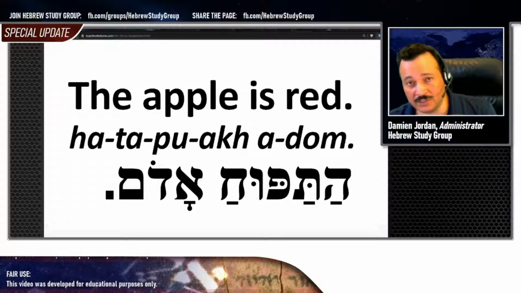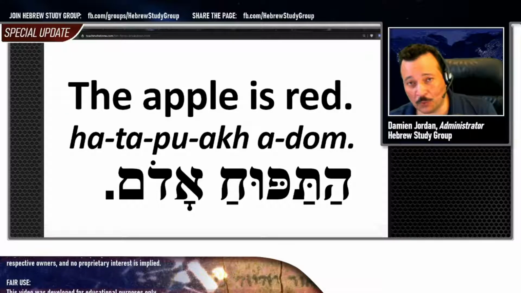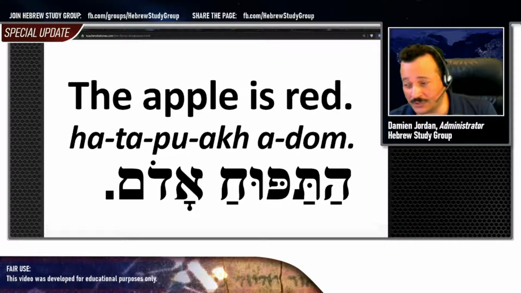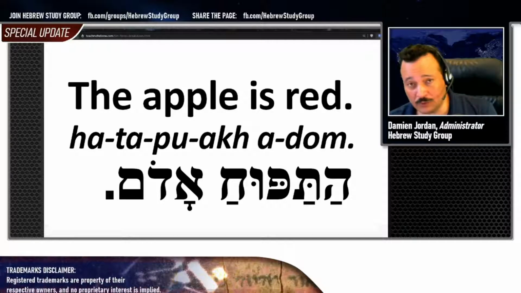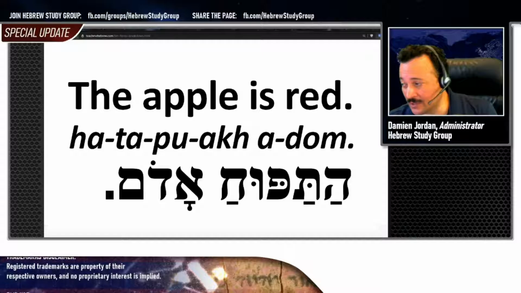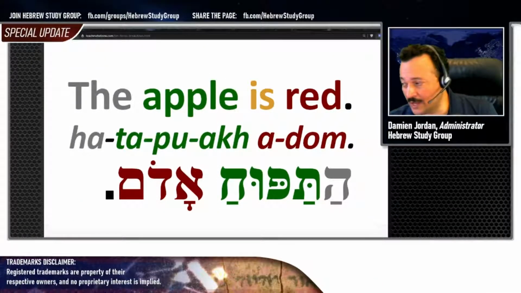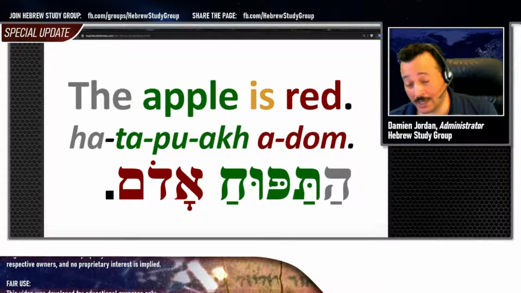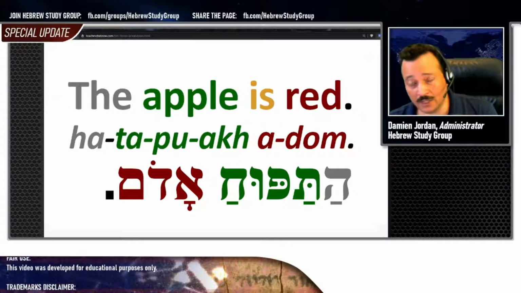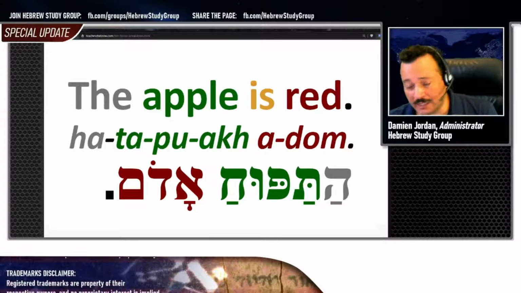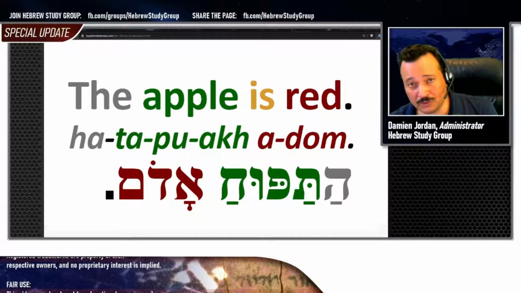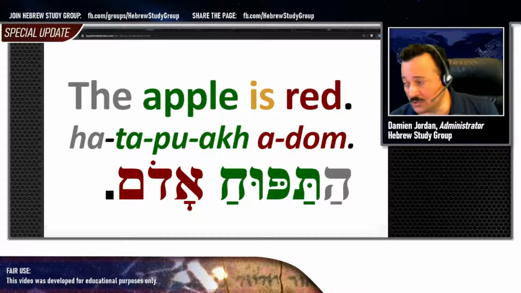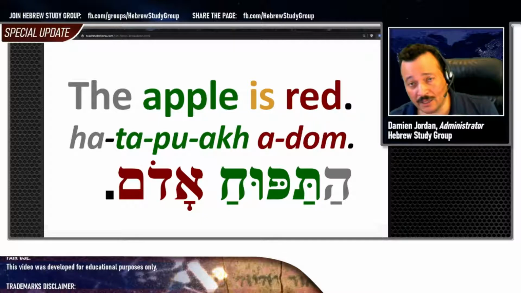Now, in English, we would have the words separated into four separate words. The apple is red. However, in Hebrew, notice what happens. The ha is connected. So you've got ha tapuach joined together in one word. When you look at the text in various passages in biblical Hebrew, for example, you'll see ha in front of the word.